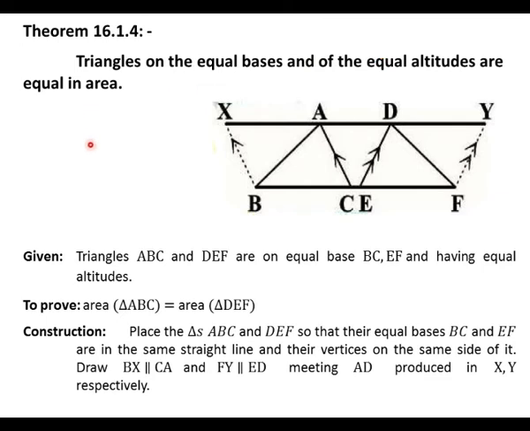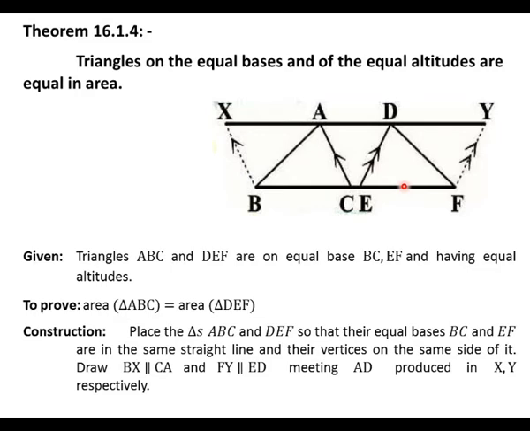What is given? Triangles ABC and DEF are on equal bases BC and EF and having equal altitudes. Both triangles are having equal altitudes. Looking in the diagram, this is triangle ABC with the base BC, and the second triangle is DEF with the base EF.